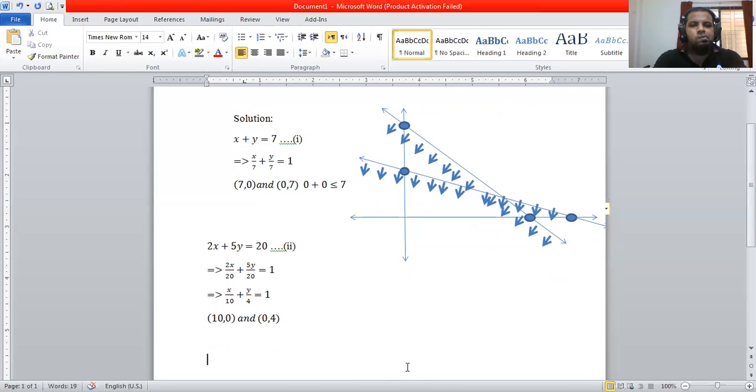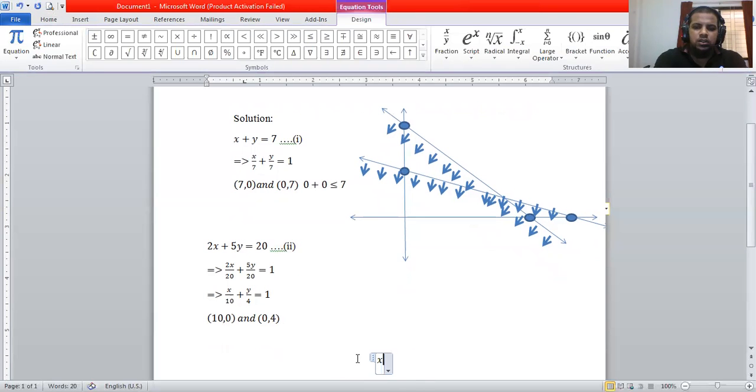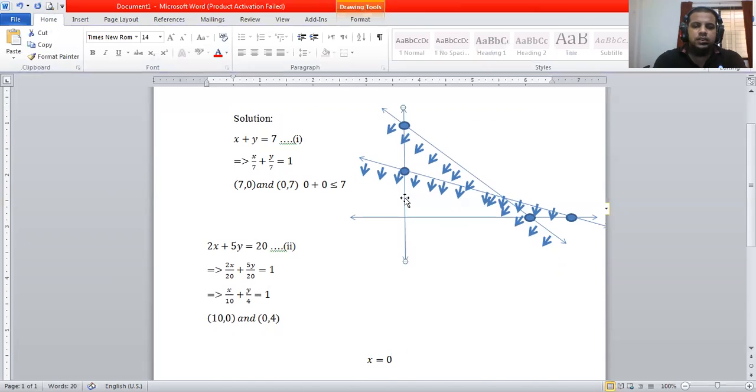Now x is equal to 0. So which line is x equal to 0? X is equal to 0 is nothing but the y axis. We just rewrite a line on the axis.